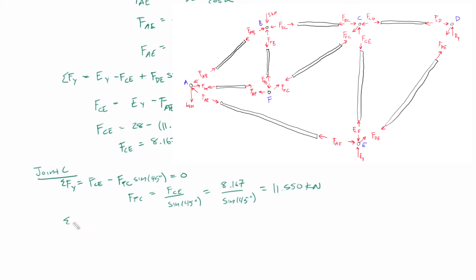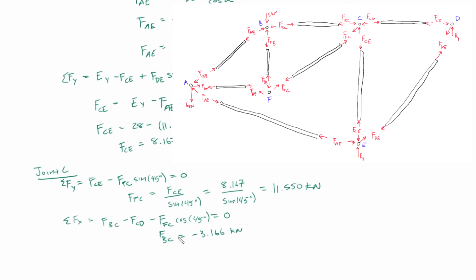And then we can sum the forces in the x direction, so we get FBC minus FCD minus FFC cosine of 45 degrees equals 0. And after doing some algebra, I could say that FBC is equal to negative 3.16 kilonewtons.